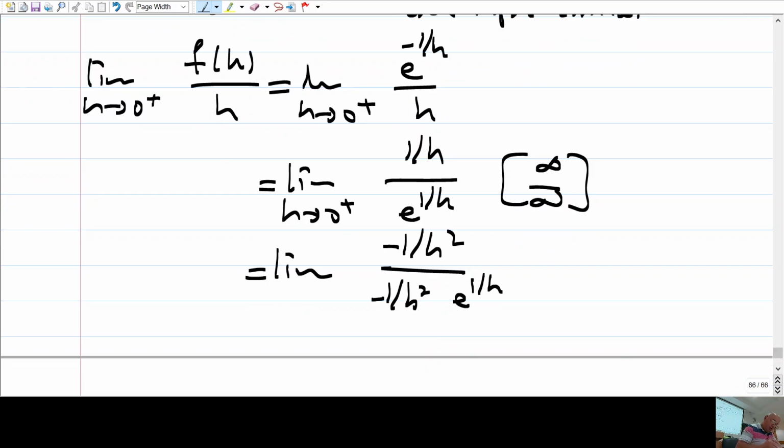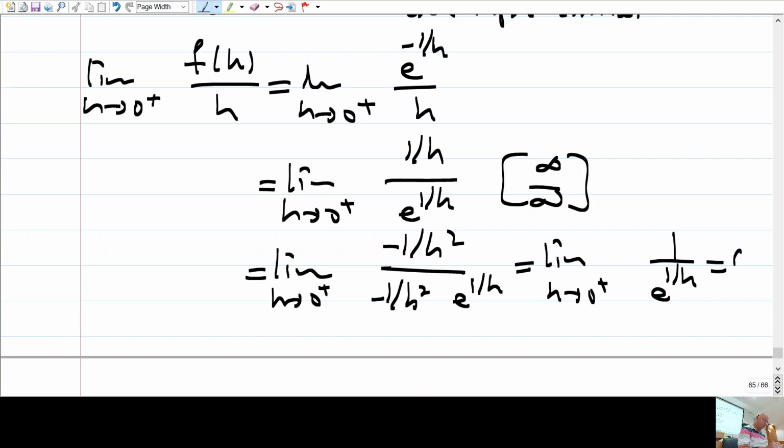The minus 1 over h squared cancels. So this is just the limit as h goes to 0 from right of 1 over e to the power 1 over h. As h goes to 0, 1 over h goes to infinity. E to the power infinity is infinity, and 1 over infinity is just 0. So the right limit is 0.